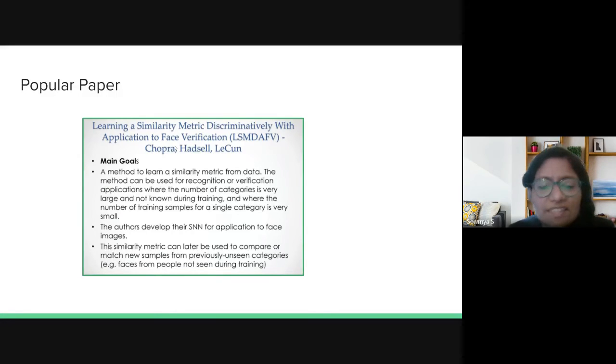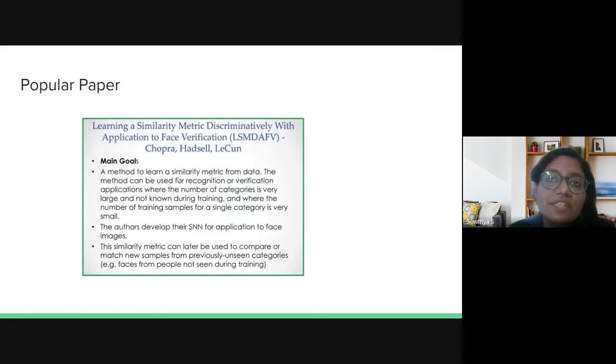So this is the extremely popular paper for similarity learning, which is the Siamese networks. This came out in 2005. The idea was to use a similarity metric to identify faces. Face recognition research was just starting in computer vision, and the idea was that we learn a similarity metric from the data, and it can be used for recognition or verification whether the number of categories is very large or not.